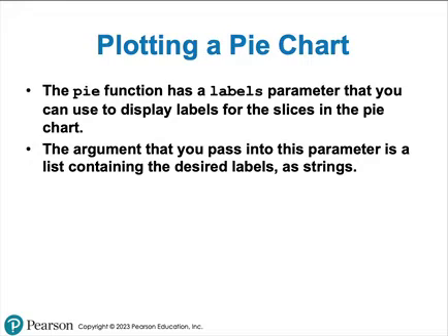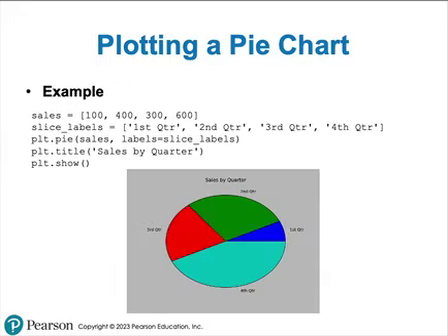You can add labels to your pie charts for the different slices, and that is a list of strings that is passed. Again, this is a named parameter, labels equals, and then the name of a list that contains the labels in the same order that the values were placed in the list above, in this case the list named sales.